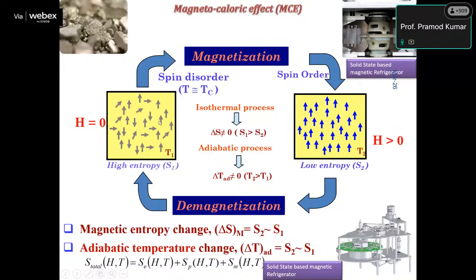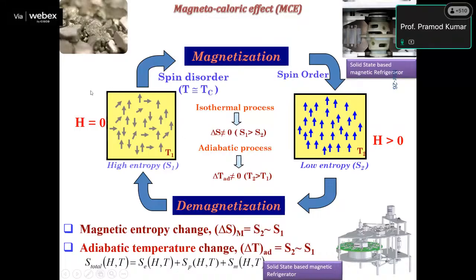Just assume that we have a magnetic material, the magnetic field is zero and T is almost equal to Tc. It means that all spins are randomly oriented.